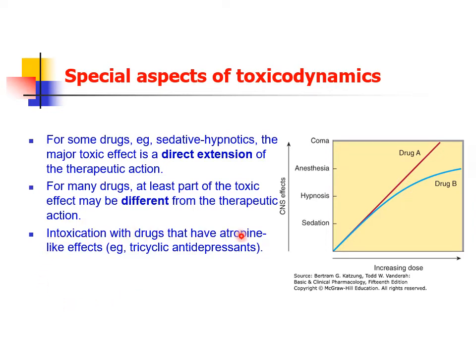Intoxication with drugs that have atropine-like effects: tricyclic antidepressants, their therapeutic action is to treat depression. However, they also have atropine-like effects. So the major toxic effect is due to direct extension, as with sedative hypnotics, or is different from the therapeutic action, as with tricyclic antidepressants.